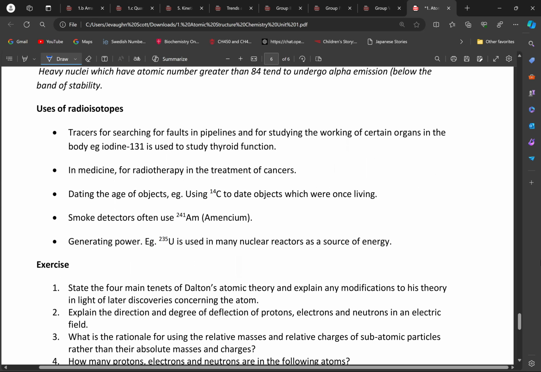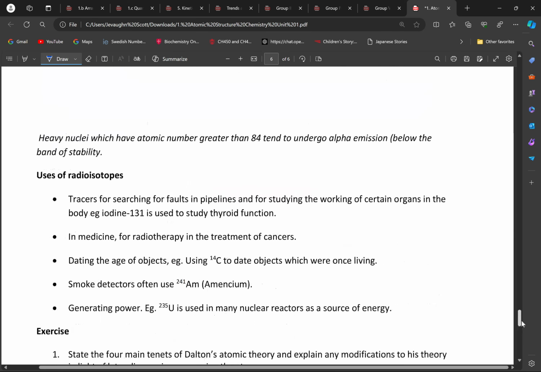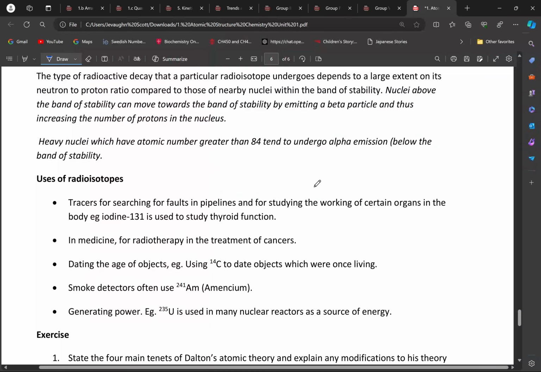For the use of radioisotopes, these are generally things that you guys need to know. We would have looked at some of them in fourth form chemistry. A lot of our radioisotopes are used as tracers. Deuterium is used in chemical analysis. Tritium is used as a tracer. Iodine 131 is used for tracing thyroid function, usually used to mark those organs.